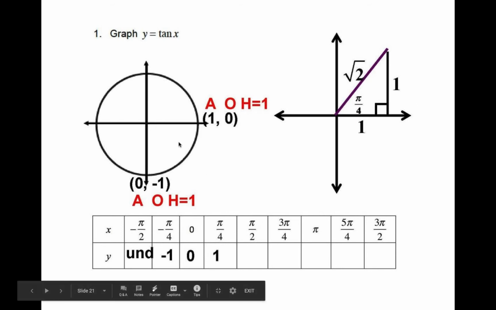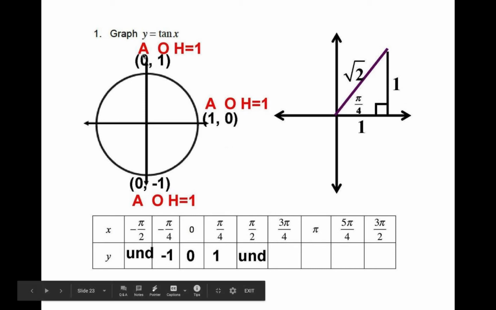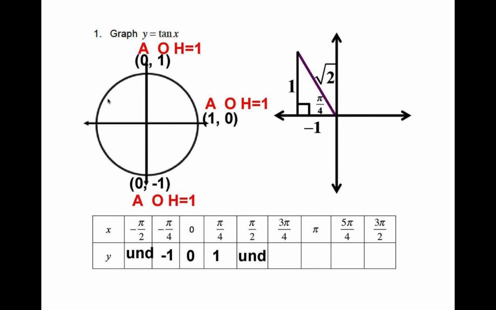At pi over 2, that's up here at this point. Tangent is TOA, O over A, so 1 over 0 is undefined. You can't divide by 0. 3 pi over 4, that's half a pi, full pi, so it's between half a pi and a full pi, so that's over here, creating a 45 angle.